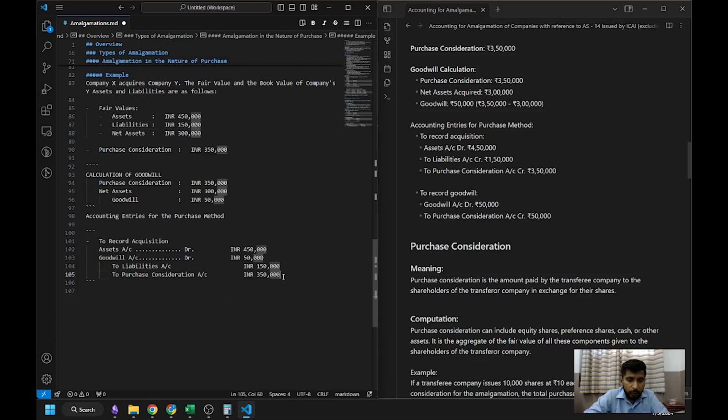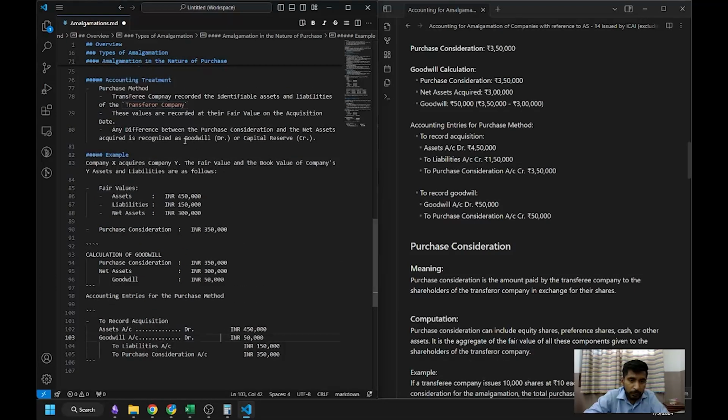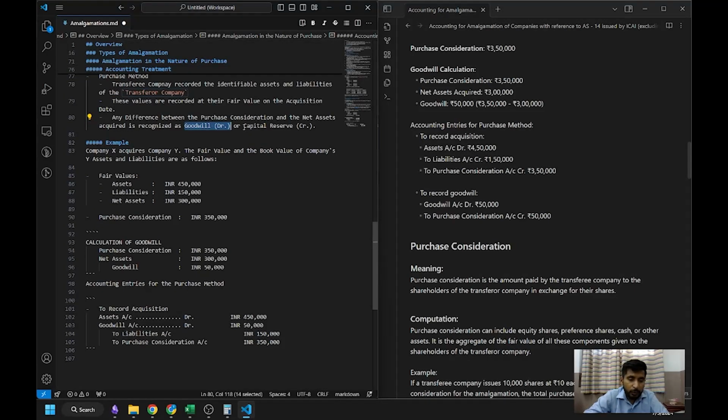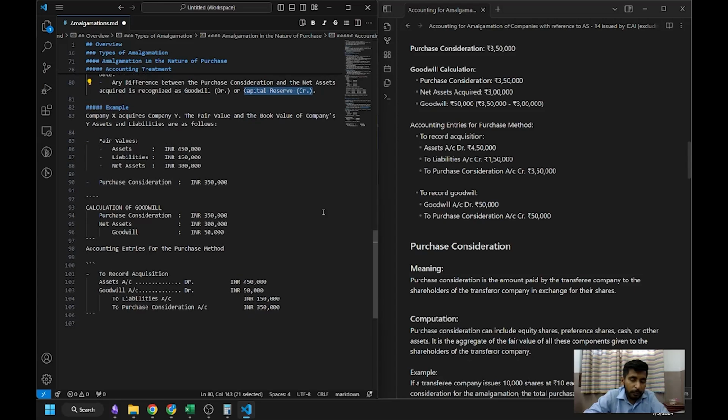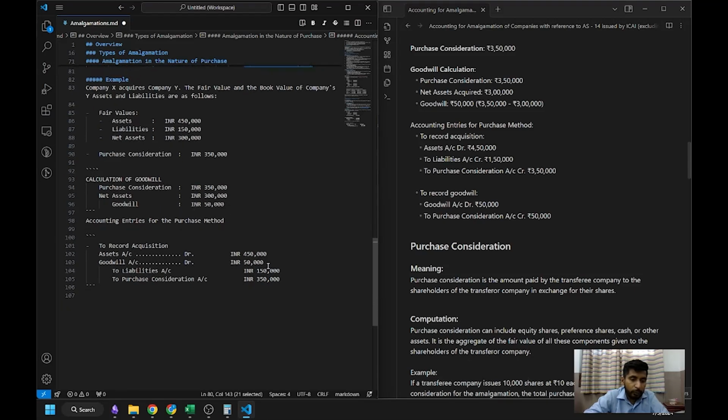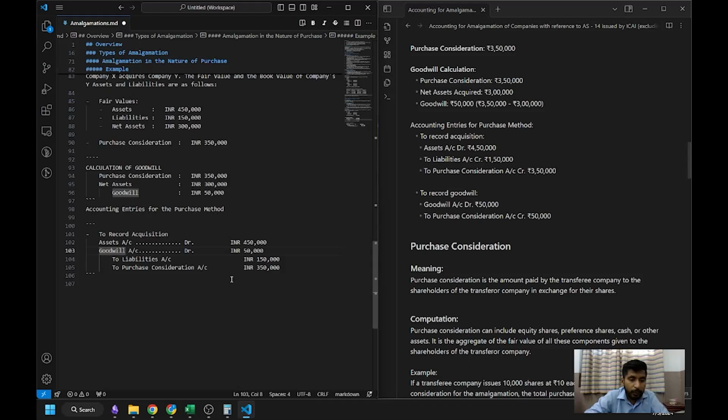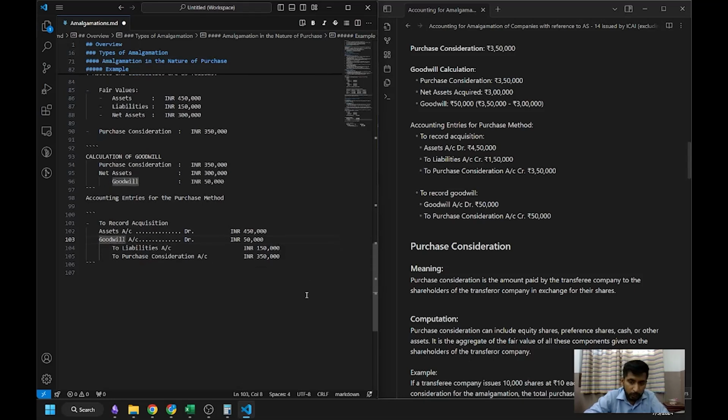The purchase consideration was 3,50,000. That means there was a misbalancing of the accounts. So if the balancing is on the debit side, it will be balanced off with goodwill, that is the 50,000. And if it is on the credit side, it will be balanced by the capital reserve. So there was a deficit on the debit side. Hence, we raised it as goodwill account debit, rupees 50,000.